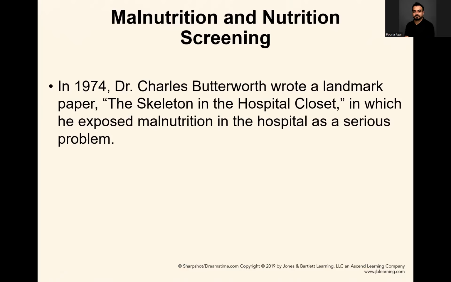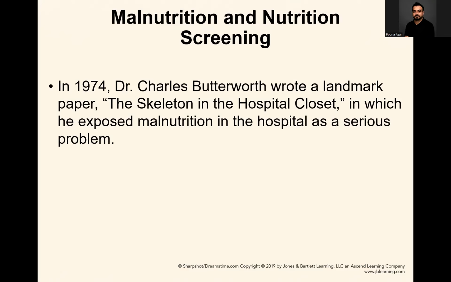In 1974, Dr. Charles Butterworth wrote a landmark paper, The Skeleton in the Hospital Closet. The skeleton in the hospital closet refers to malnutrition, undernutrition, malnutrition due to nutrient deficiencies.